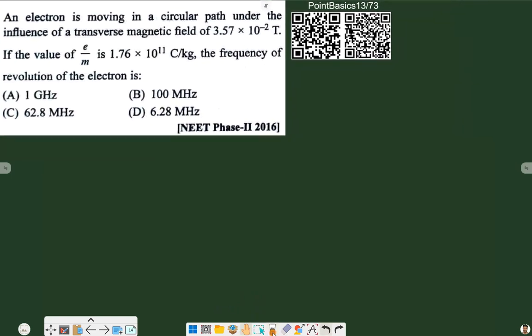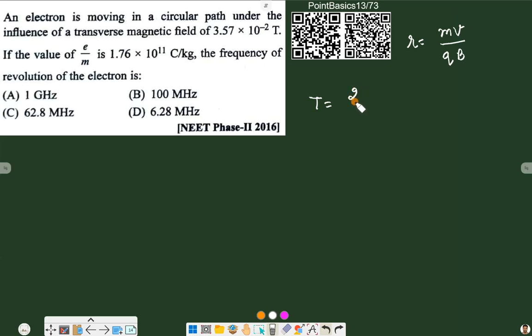Now we know that the radius of a particle moving in a magnetic field is given by mv by qB. Using this value we can find the time period. Time period will be given by the total distance covered in a single orbit, in a single rotation.